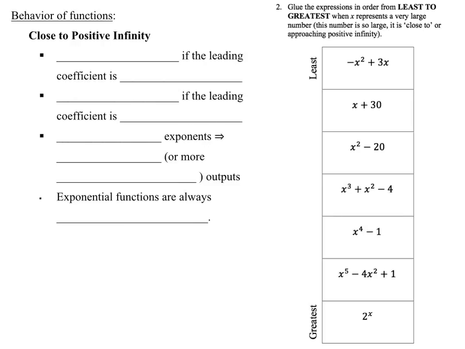One thing that we hopefully noticed as we were putting these in order, on number 2, at this line right here, everything above it gave me a negative answer when I plugged x equals 100 in. Everything below this line gave me a positive answer.